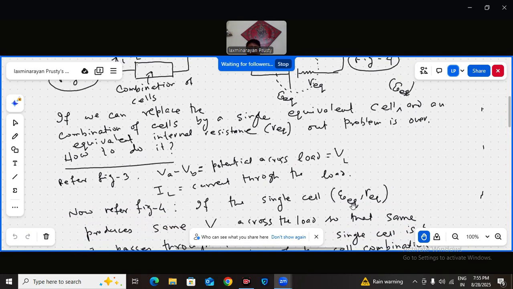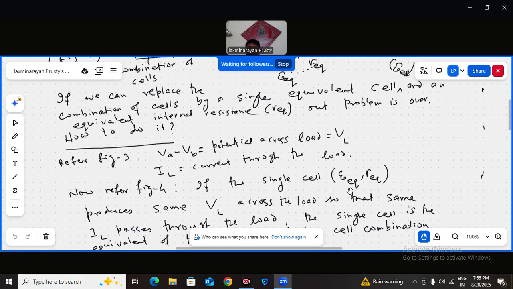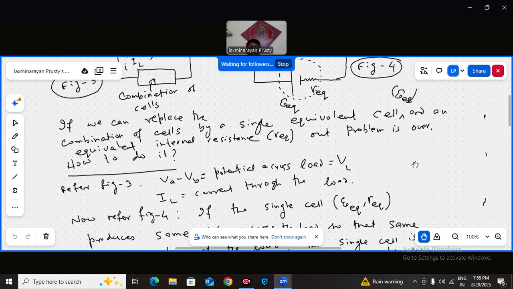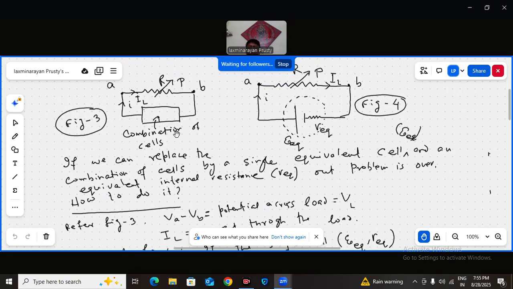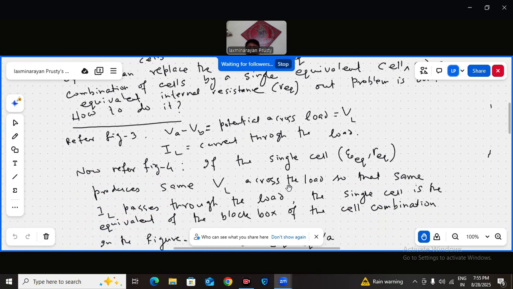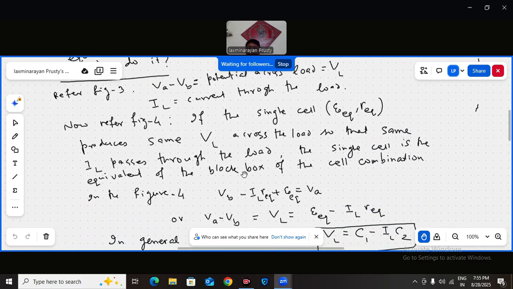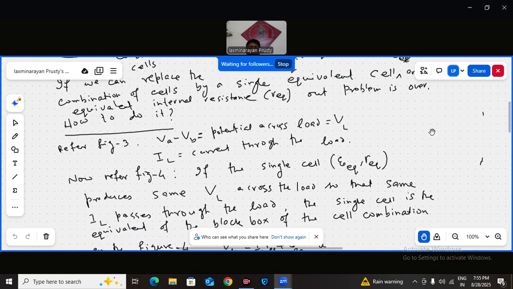If the single cell E EQ and r EQ produces the same VL across the load, so that the same IL passes through the load, then the single cell is equivalent of that combination, whatever the arbitrary combination is. That's what I wrote. So in figure 4, let's come to figure 4.